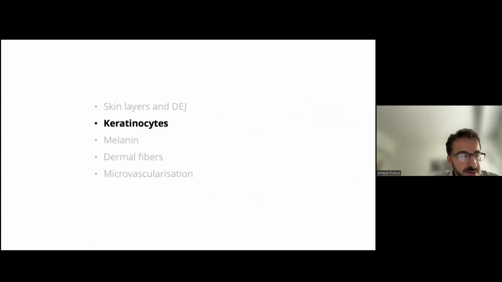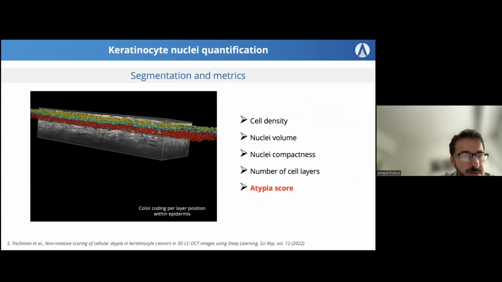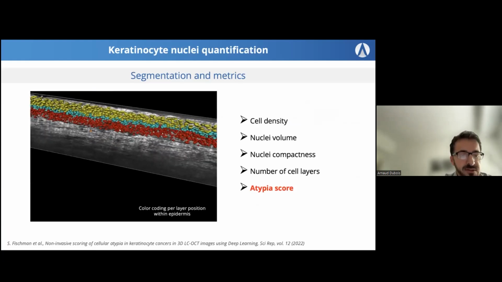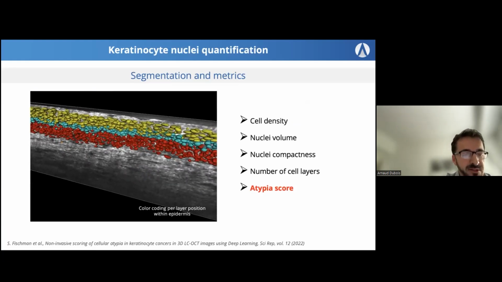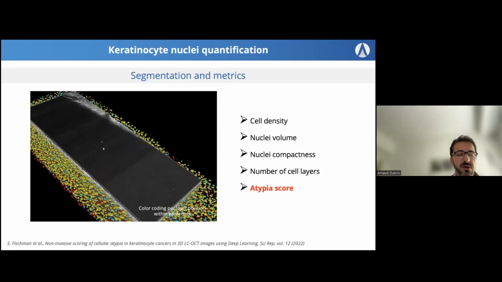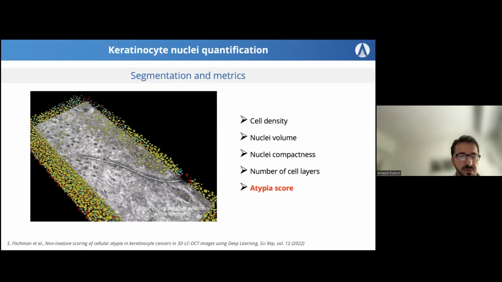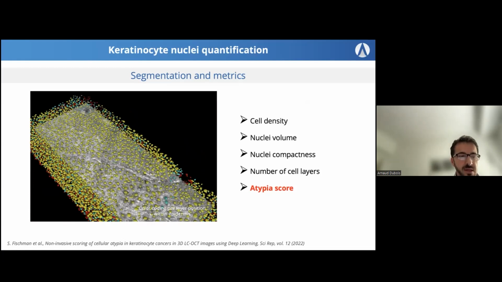Now let's look at the quantification of keratinocytes. The nuclei of the keratinocytes in the epidermis can be segmented. The metrics obtained from the segmentation are keratinocyte density, nuclei volume, nuclei compactness, and number of cell layers. And finally, an atypia score can be given, taking all these parameters into account.